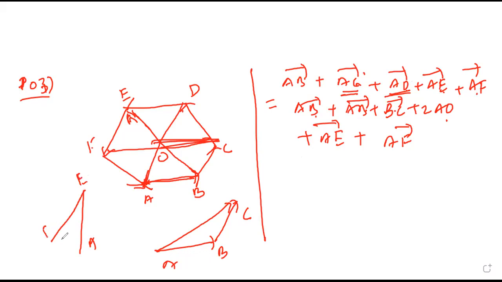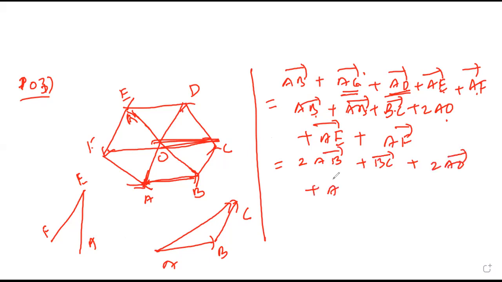Correct, na? A to B, A to E, A to F, and this is the third drawn, na? One minute again. AB plus AB, can I write 2AB? Yes. Okay, as many steps as go ahead I will keep and then we'll simplify. Don't worry.